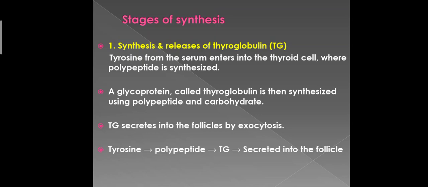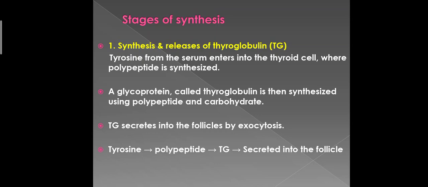The thyroid cells are typical protein-secreting glandular cells, and the endoplasmic reticulum and Golgi apparatus of these cells synthesize and secrete thyroglobulin into the follicles. It's a large glycoprotein, and it is made up of about 70 tyrosine amino acids.